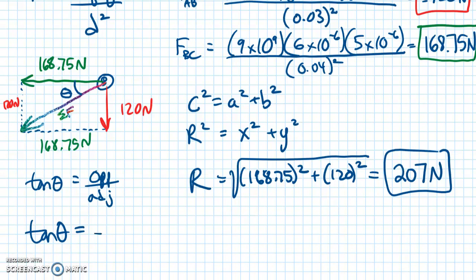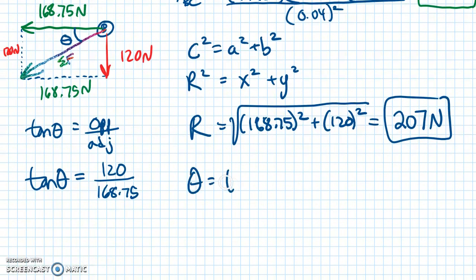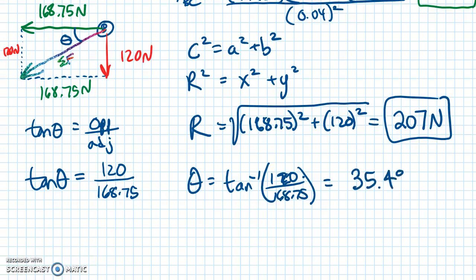So that's what it's adjacent to. 168.75 belongs on the bottom. And opposite, we have 120. So that's what the tangent's equal to. To find out what the angle is equal to, you have to do the inverse tangent. So we're going to do the inverse tangent of 120 over 168.75. And when you pop that in your calculator and you want to make sure your calculator is in degrees, you get 35.4 degrees. So that's the other part of the answer to this question.